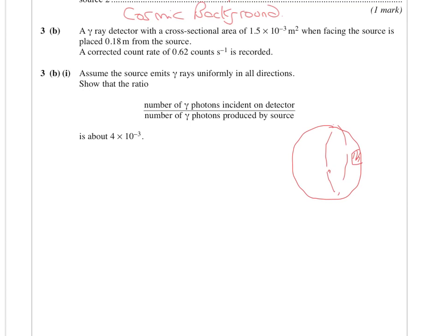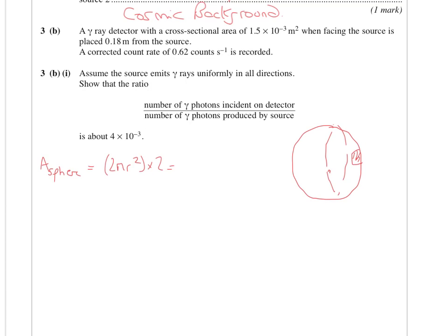So what we need to do is work out the ratio between the area of the detector and the area of the sphere. The surface area is 2 pi r squared, which gives you the surface area of a hemisphere, so actually we need to times that by 2 to give you a sphere.